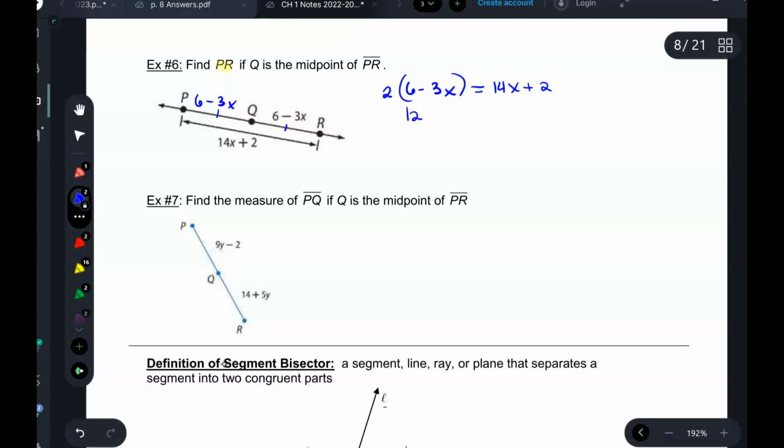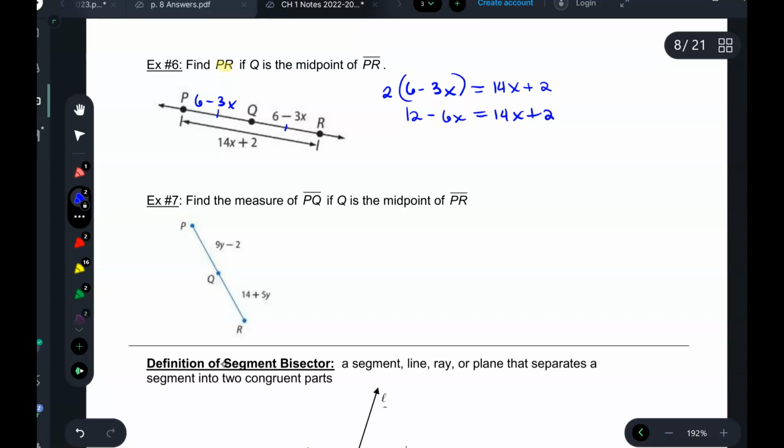Why do you multiply by 2? It's just a different way to solve it. You can add the two expressions, or double it. Why are there 2 of them in the first place? Since Q is the midpoint, if this is 6 minus 3x, this also has to be 6 minus 3x. Okay, so let's go ahead and distribute that.